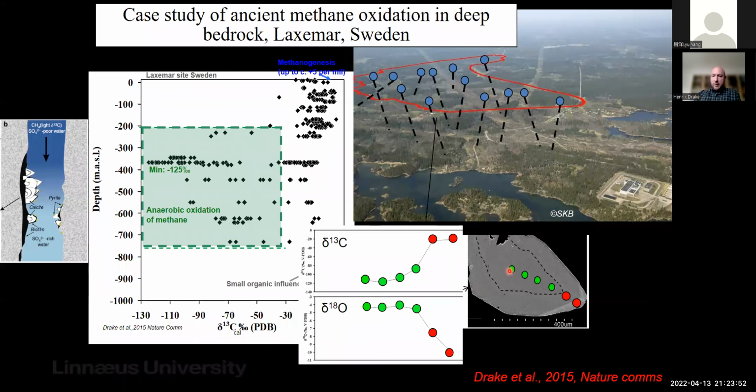When we look into the crystals themselves, we can also find these kinds of trends, low values in the core of the crystals, minus 120, and then replaced in the outer part by heavier values. And at the same time, oxygen isotopes drop. These are more marine values, dropping to fresh or glacial values that then change the metabolisms. So here we can have methane oxidation that is replaced by a later metabolism that might be sulfate reduction in this case, or some kind of organoclastic metabolism at least.